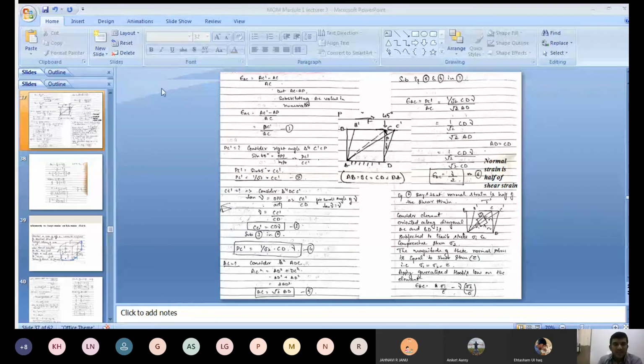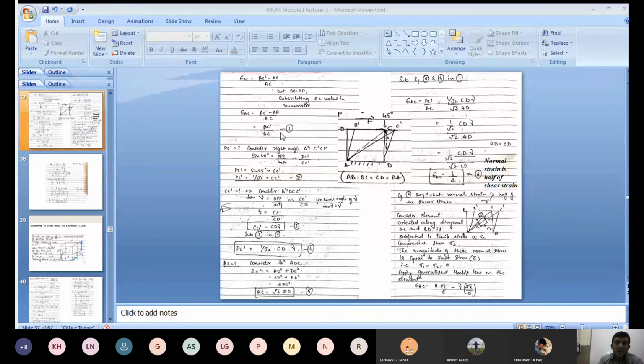Now what about AC? Again, AC is a diagonal for the square lamina ABCD, right? Now how do you determine AC? Again, we consider a right angle triangle ADC, then apply the Pythagoras theorem. What is the Pythagoras theorem?